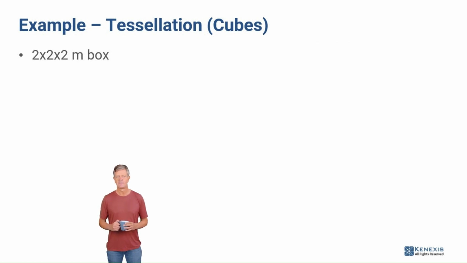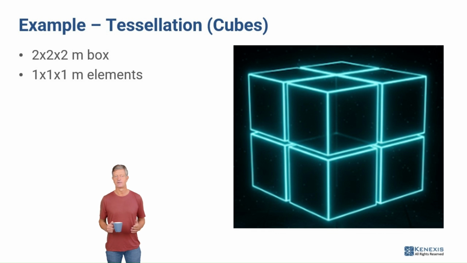If we were to use this method to represent our box, the number of cubes we need would depend on the size of cube defined as an element. For this example, let's use 1 by 1 by 1 cubes as elements. To fill a 2 by 2 by 2 cube, we will need 8 1 by 1 by 1 cubes.